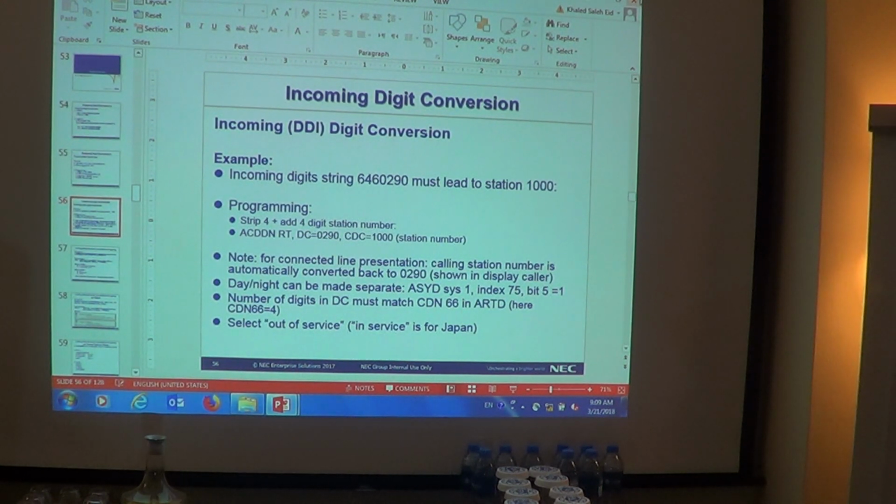This is what we were talking about on the screen. The carrier will give you a range from 1000 to 1900. You have 900 stations, and your station numbers are 1000 till 1900. What you need to do in the ACD is add 1 as a DC, and I will convert it to any number starting with 1.